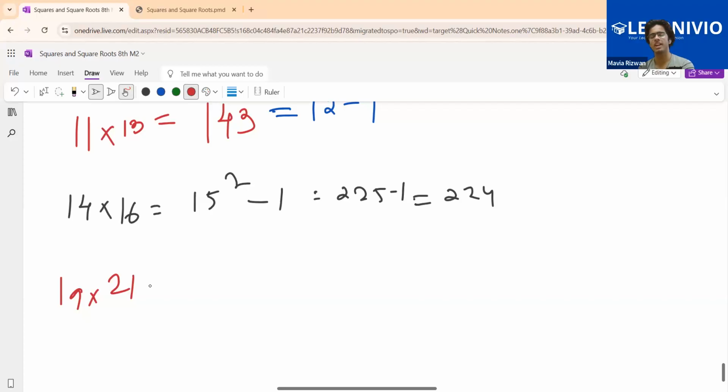Tell me what would be 19 into 21. 399. Yes, because 19 into 21 we can write as 20 square minus 1. 20 square we easily know is 400. So 400 minus 1 is 399. Got it, Abubakar? Is this clear? Yes.